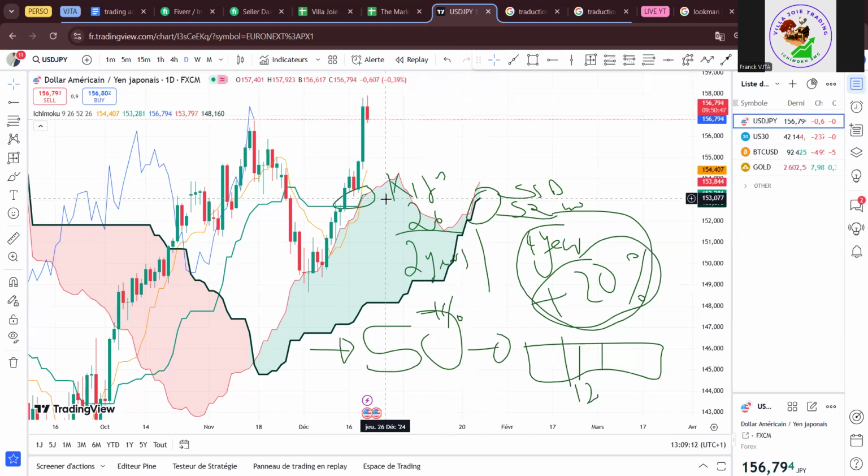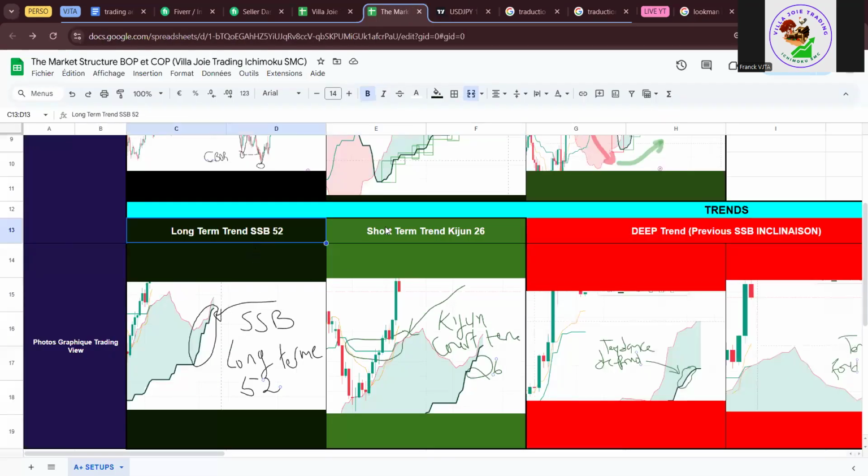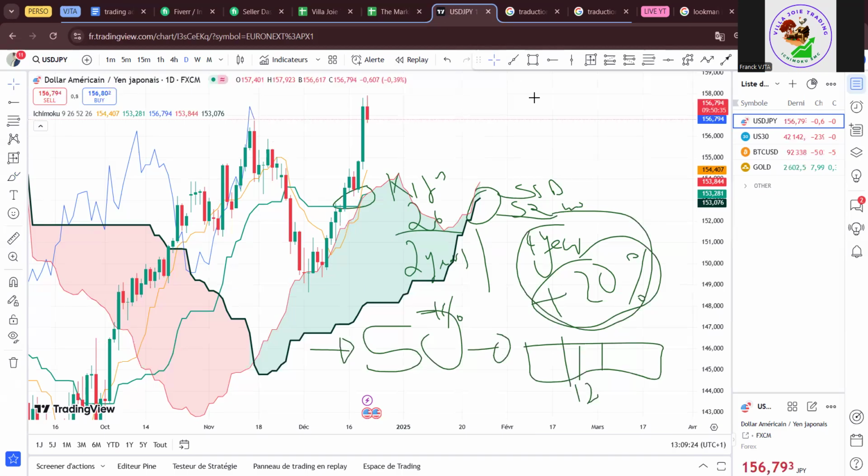That's why, between the long-term trend and the short-term trend, investors will tend to choose the long-term trend to find their direction. What do I mean by finding their direction? Do I invest or not? I invest or not based on what SSB is telling me.